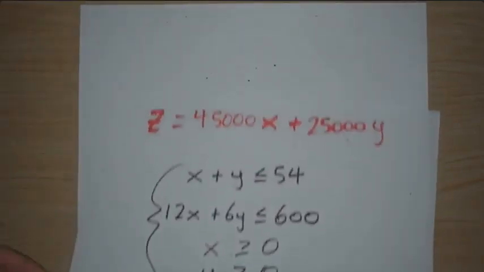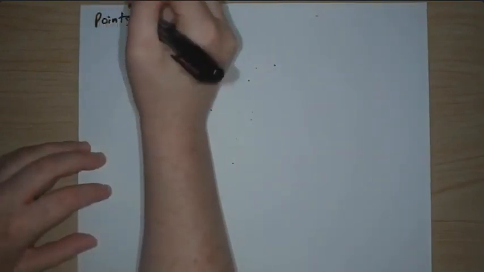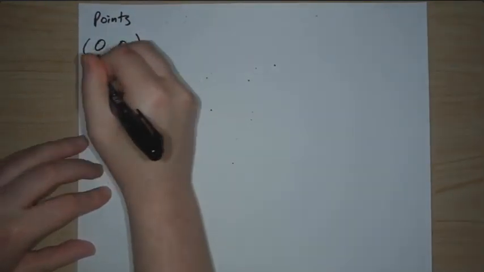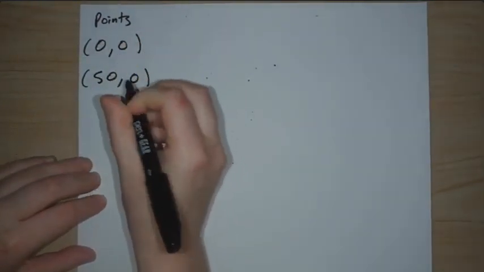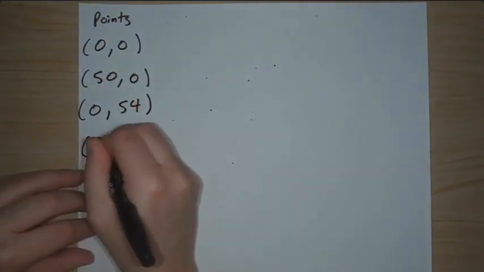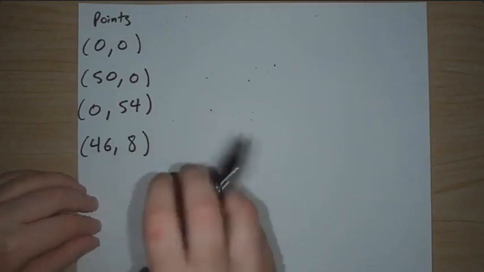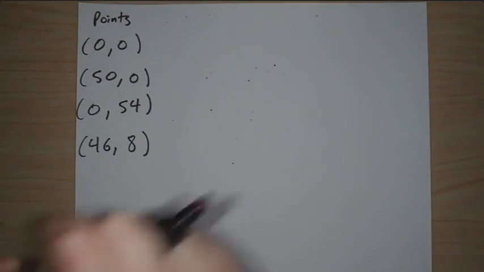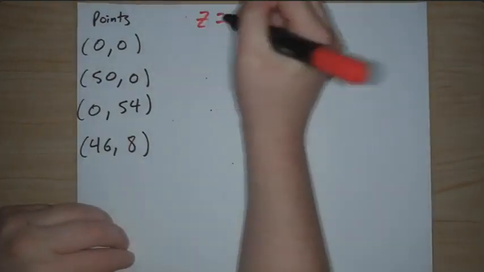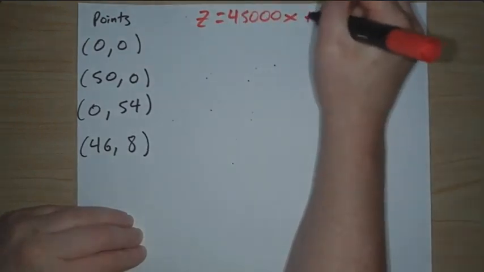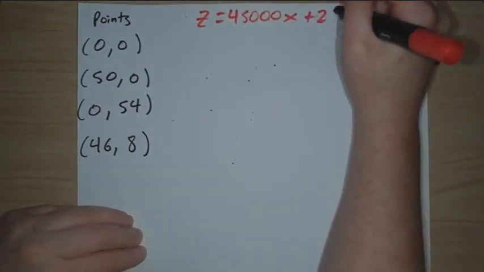So we have our points: our origin 0, 0, we have 50, 0, we have 0, 54, and we have 46, 8. And we want to substitute them into our equation of z, which was z is equal to 45,000 x plus 25,000 y.